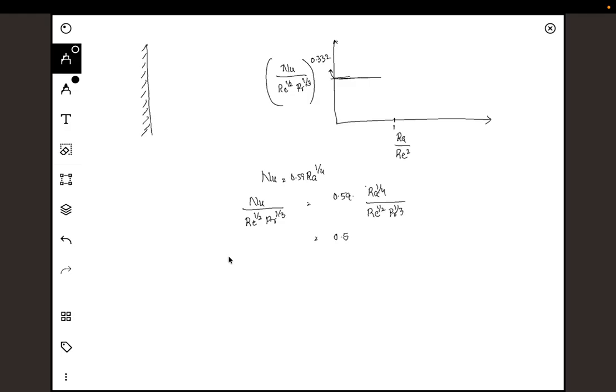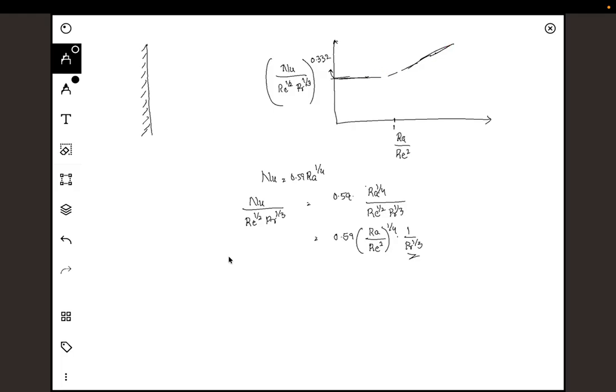So this will be 0.59 times Rayleigh by Reynolds number square all to the power 1 by 4 into 1 by Prandtl to the power 1 by 3. So for a given Prandtl number, let's say if the Prandtl number is fixed, this would be something proportional to power 1 by 4. So it would go something like this.